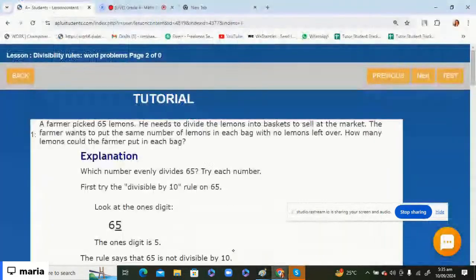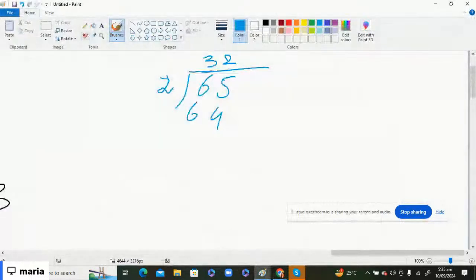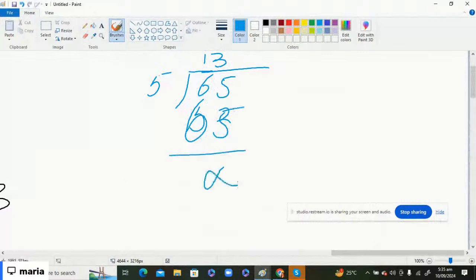Let's do it for 5. 5 times 1 is 5, 5 times 3 is 15.